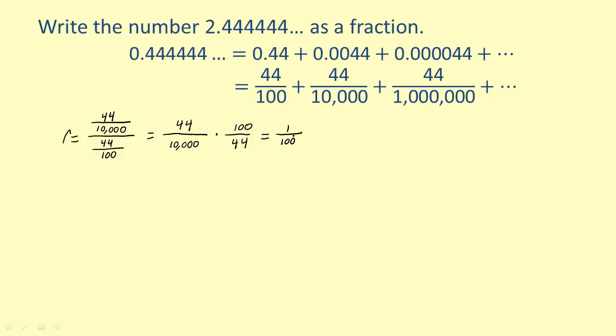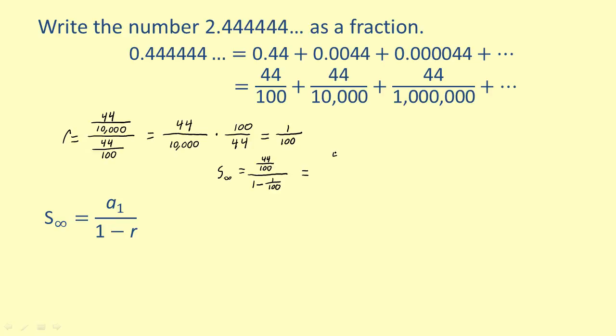Now that we have our r value, we can calculate the infinite sum. Using this formula, we can substitute for our first term, a sub 1 and r. This gives us S infinity equals 44 over 100, all over the quantity 1 minus 1 over 100.